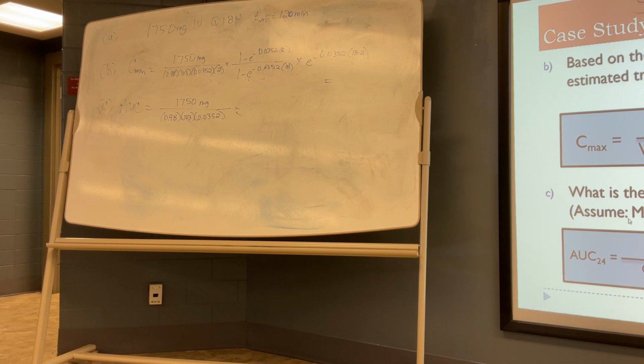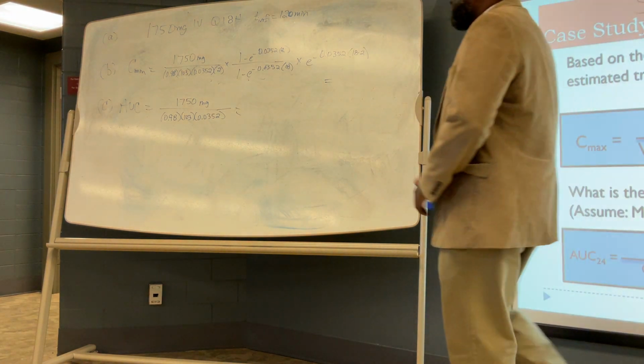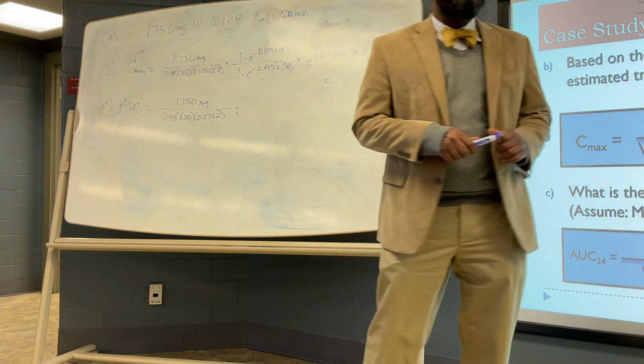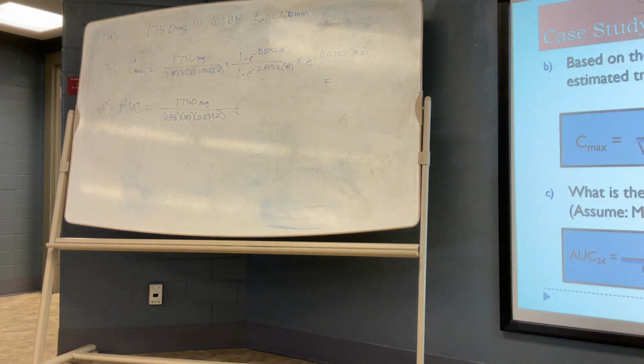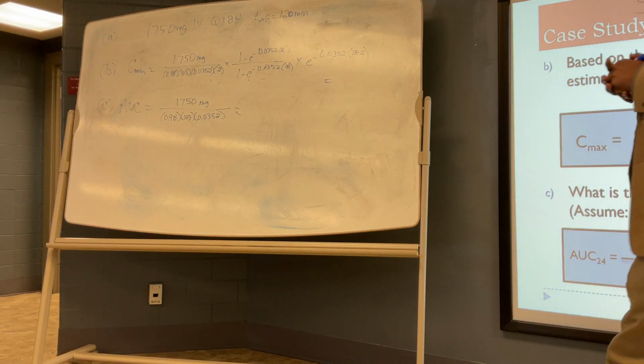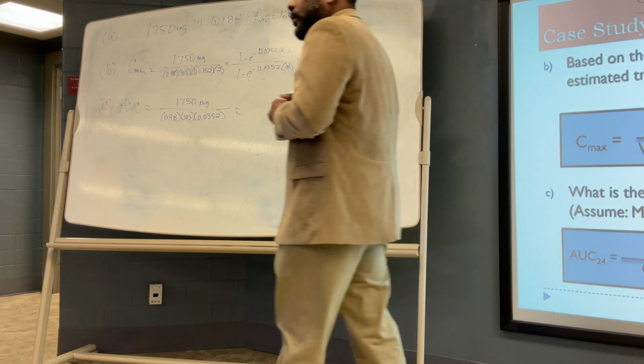No numbers yet? You know what's wrong? You gotta do it piece by piece, or else you'll get it wrong. Oh yeah, I suggest piece by piece. Oh, how much?